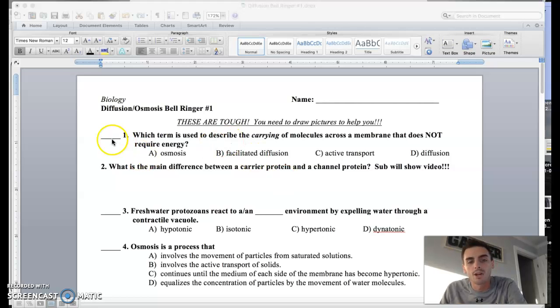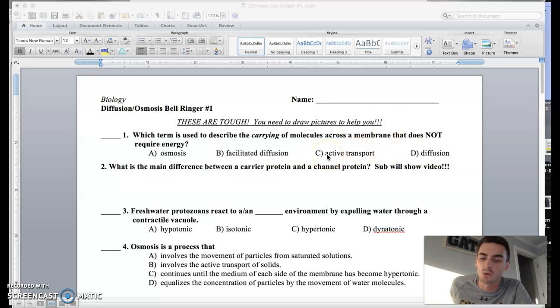So, number one, bless you, Simi. Which term is used to describe the carrying, you'll notice that's italicized. Things are always italicized on the ACT when they're important. Carrying of molecules across the membrane that does not require energy. Okay, so we know right off the bat, since it does not require energy, it is not active transport.